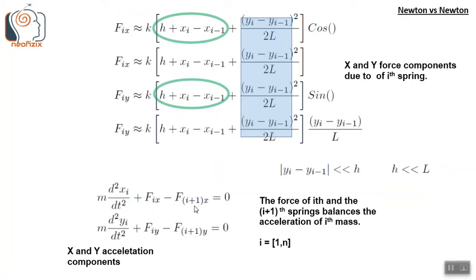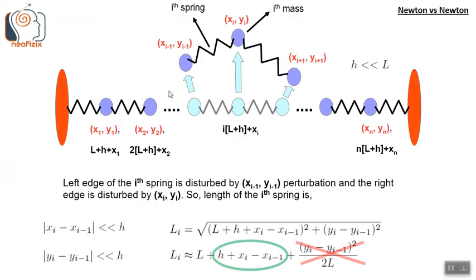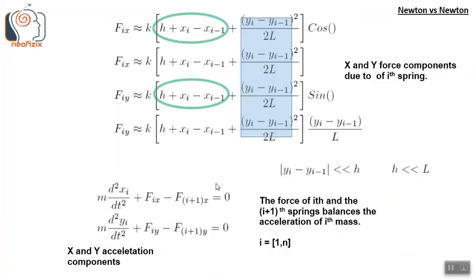The acceleration of the ith mass is balanced by the tensions of the ith and the (i+1)th springs connected to the mass. So that is this ith mass. On the left side there is spring i, and on the right there is the (i+1)th spring. So the net balance produces the acceleration of this ith mass. So these are the ab initio first principle force balance equations. We frame such equations at each of the n mass units.